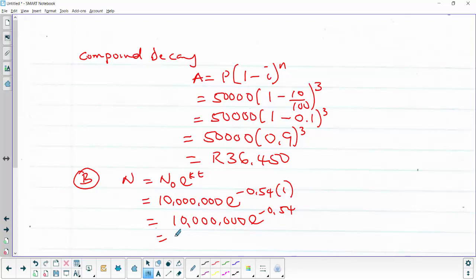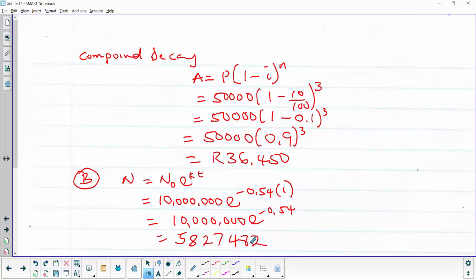From the calculator, we get 5,827,482 approximately.